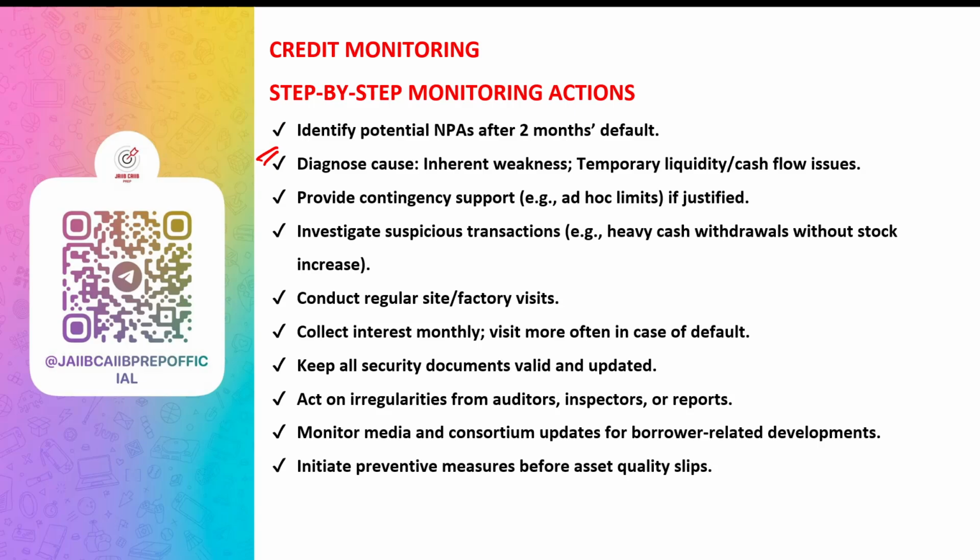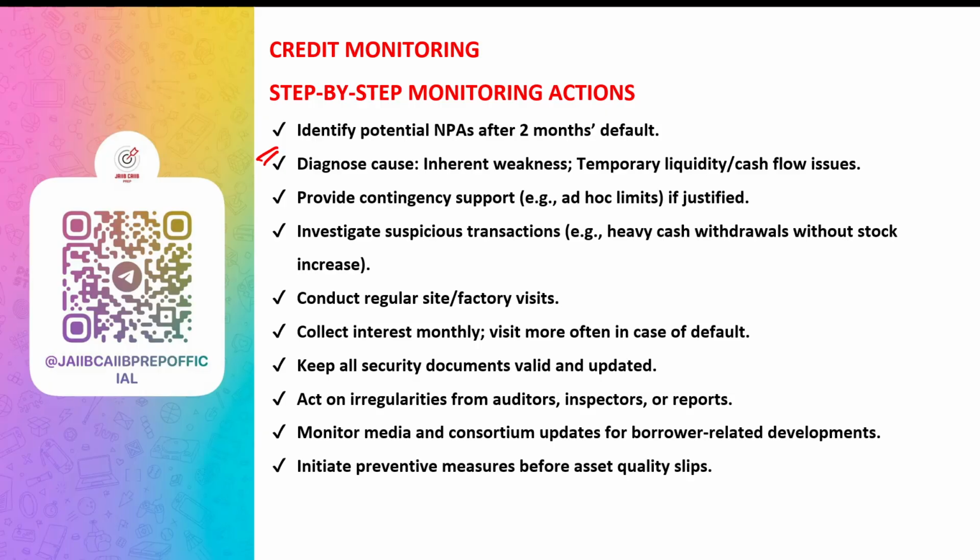After identifying, they try to understand the cause. So whether there is a temporary liquidity issue, for example, a delay in customer payments, or is there any structural problem like declining sales, obsolete technology, etc.